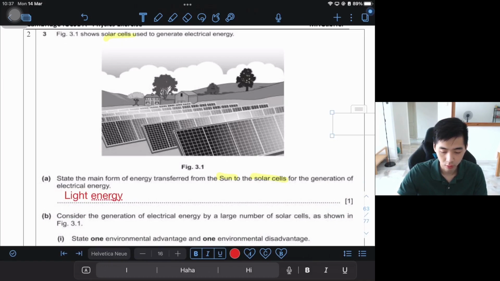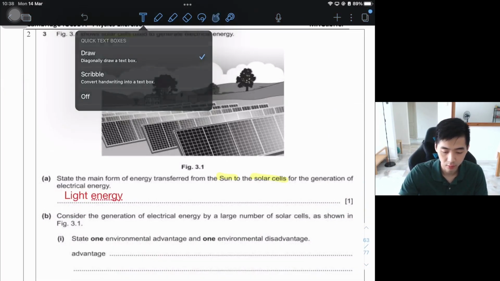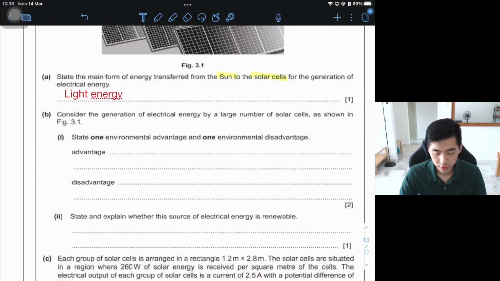Then moving on to the next part, consider the generation of electrical energy by a large number of solar cells as shown in figure 3.1. State one environmental advantage and one environmental disadvantage here. Obviously, whenever we're talking about all these solar cells, the environmental advantage is that we do not need to burn coal or fuel or whatever to produce all the CO2 gases that is going to be harmful to the environment.